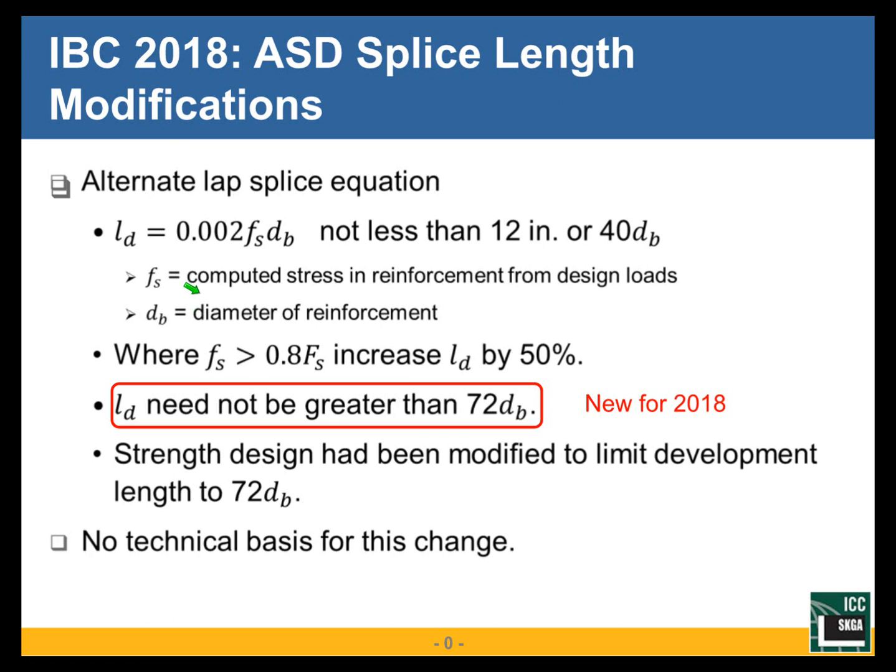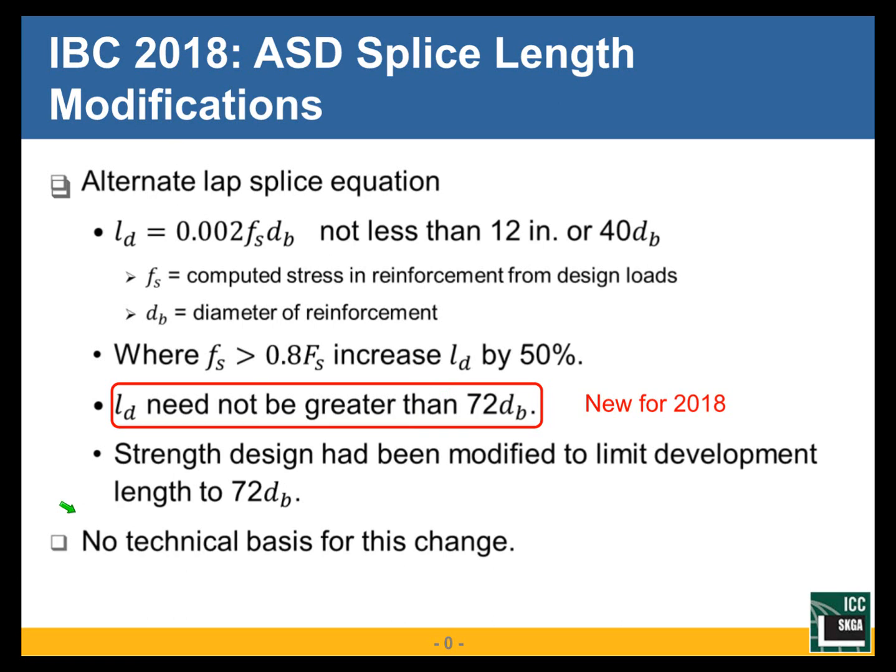Well, it turns out back in 2013, we increased the allowable stresses. We did a recalibration of the allowable stresses. So hence the development and splice length went up. So the IBC added that the development length need not be greater than 72 bar diameters. This had always been in strength design, and was now added in allowable stress design.